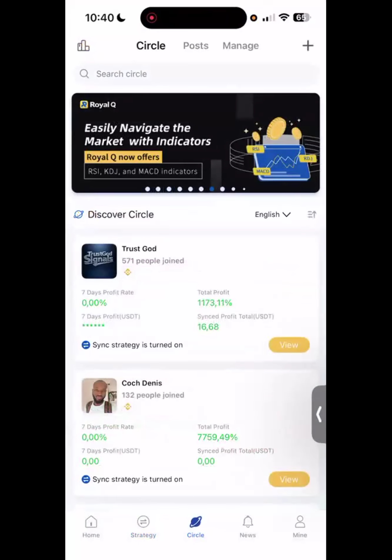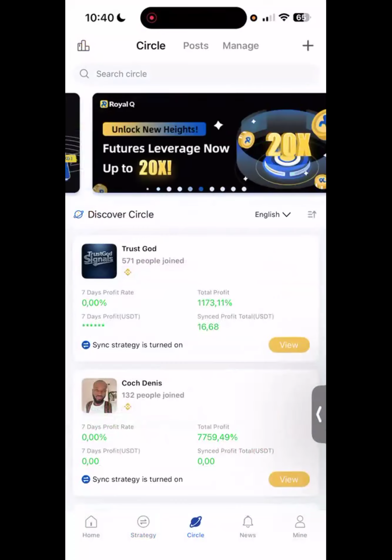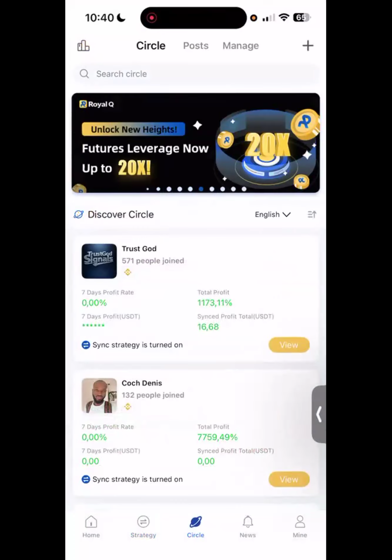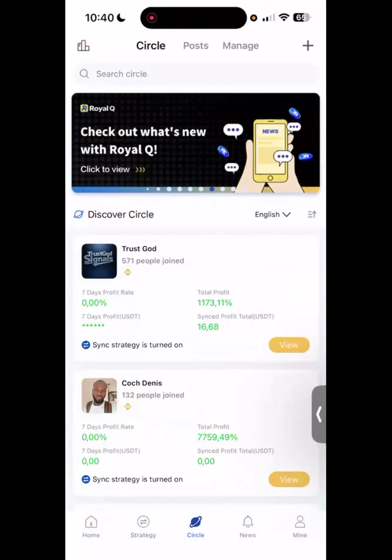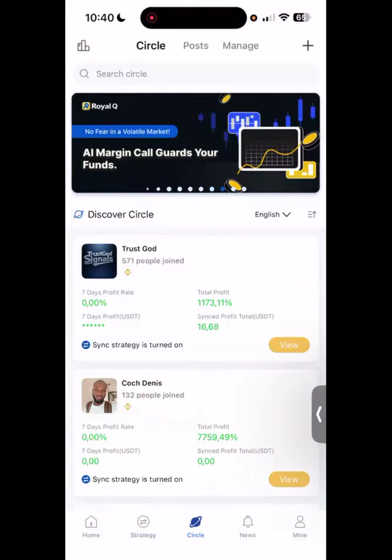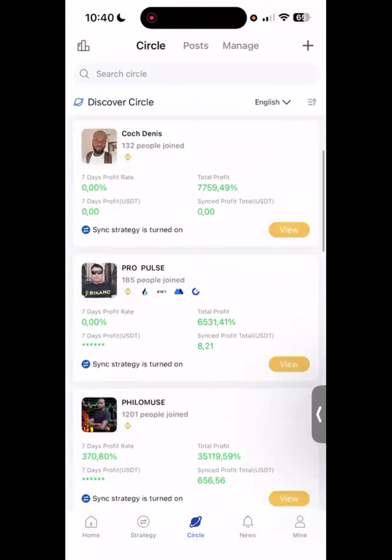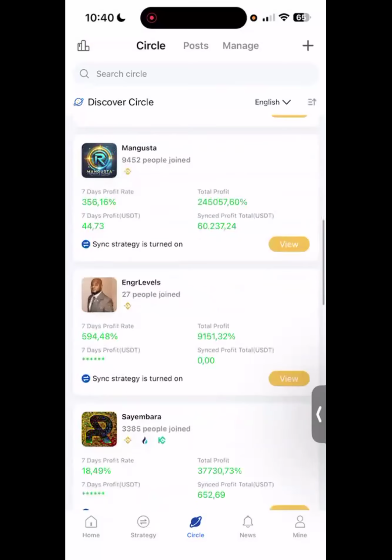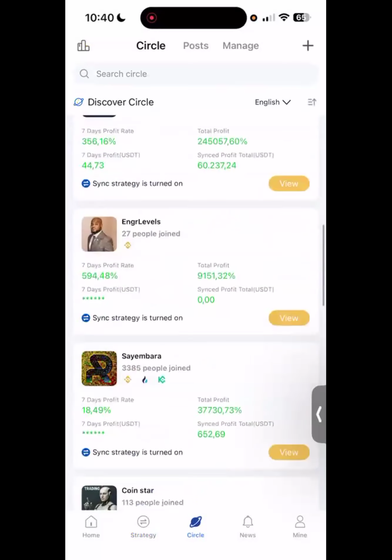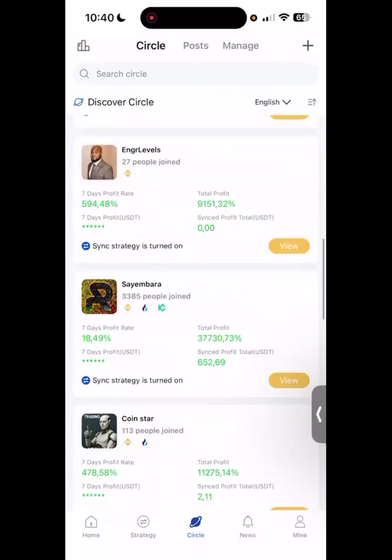Let's go to Circle. These are copy traders. Now, who are copy traders? They are simply people that give out their unique trade settings to the community. But it is not free because there is no free lunch, right? There is no free lunch. You all agree with me.